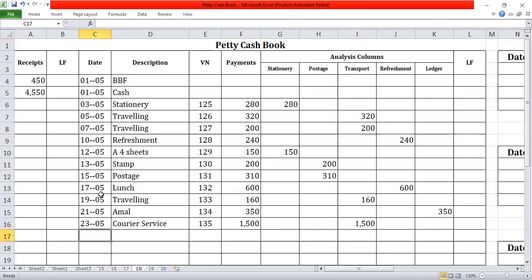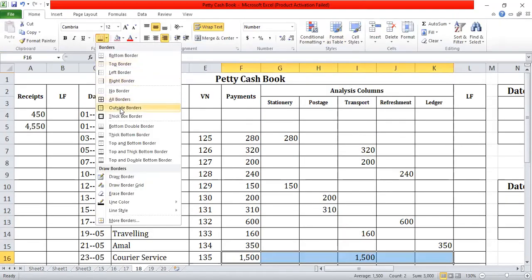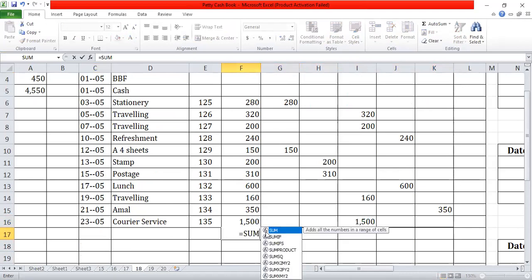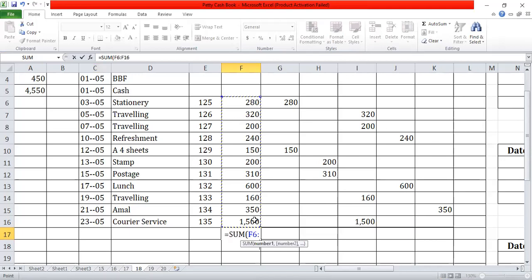Okay. We have just recorded all the payments. Now I'm moving to the balancing of the petty cash book. First, I'm going to take the addition of the column. So the total payments is 4,310.